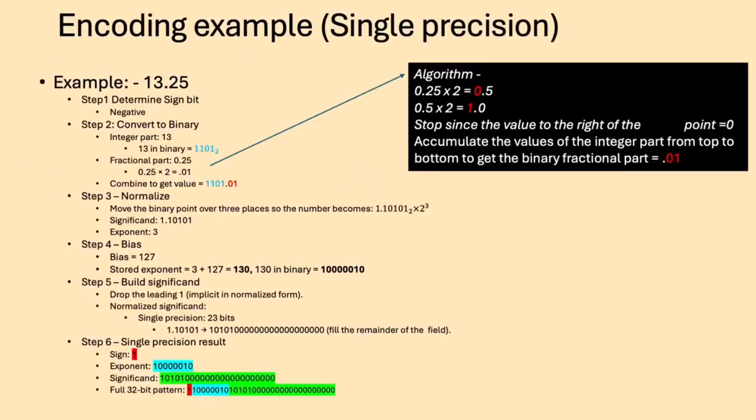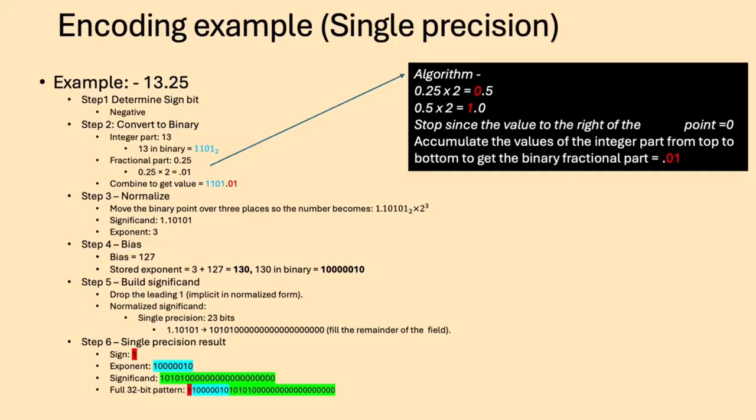This example shows how to encode a decimal number into a single precision floating point number. The first step is to convert the decimal number to binary. The part to the left of the decimal point is straightforward, as 13 is equal to 1101 in binary. The fractional part can be computed using the algorithm shown on the right.